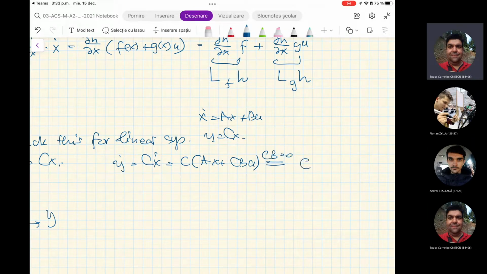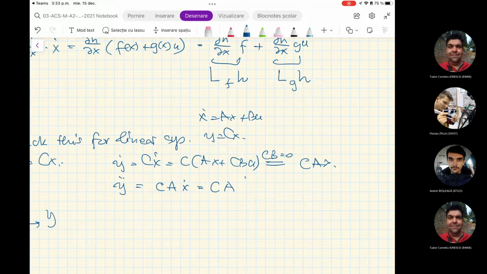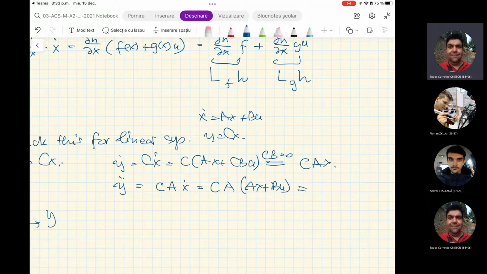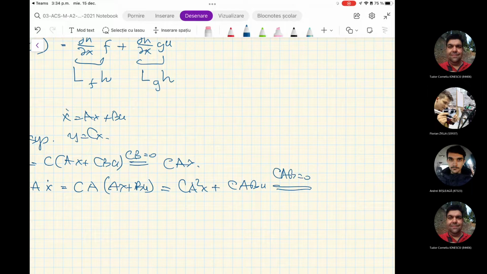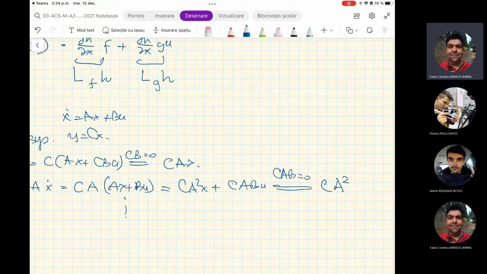Then you get CAx. Then y double dot is CA times (Ax plus Bu), so this is CA squared x plus CABu. Assume this is 0 again. You get CA squared and so on, up to n minus 1.